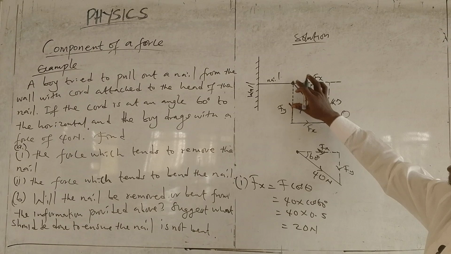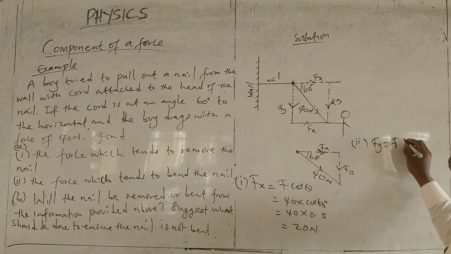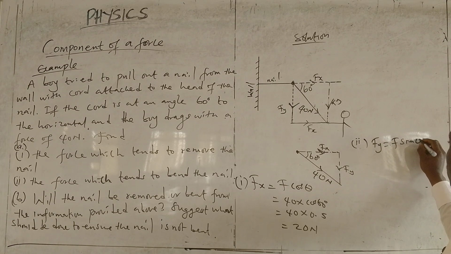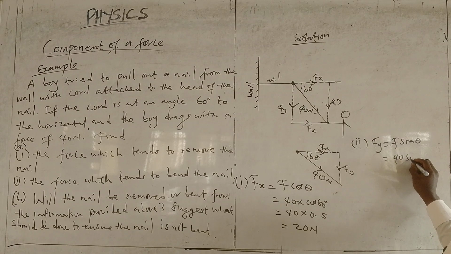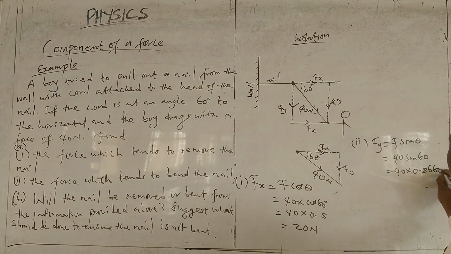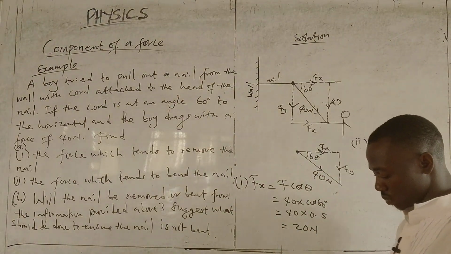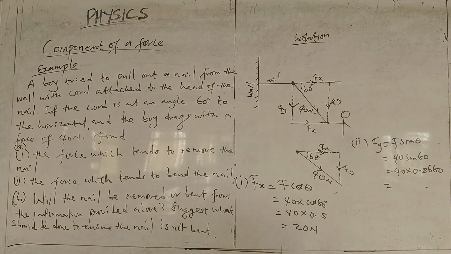So the force that does that is the vertical component of this force, which is Fy, equal to F sine theta. F is 40, then sine 60. That's 40 times 0.866, and that's 34.64 Newton. That's it.